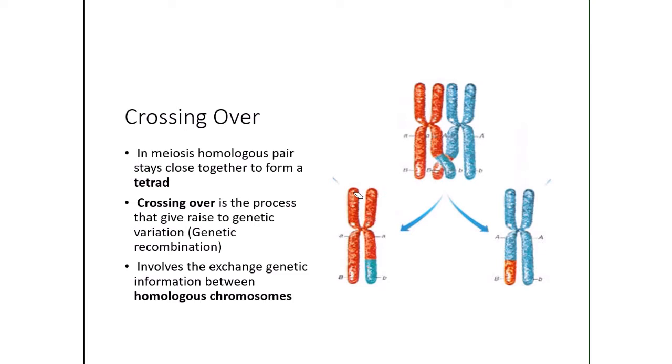It will no longer be exclusively maternal or exclusively paternal genetic material. Now it's a little bit of red, a little bit of blue, and over here a little bit of blue and a little bit of red. In reality, it's not just one small section. It's more like blue and red all mixed together in the end. This process is important because it allows genetic variation to arise. We call this genetic recombination.